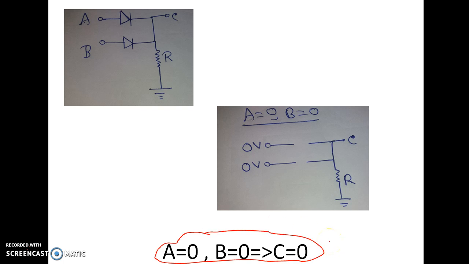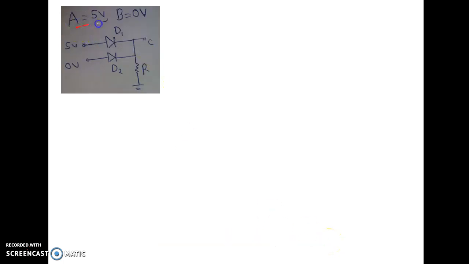Now let us consider the second case. Suppose A equal to 5 volt, B equal to 0. We say A equal to 1, B equal to 0. In analog electronics applications, digital 1 is indicated by 5 volt and 0 is 0 volt. Remember this: digital 1 is represented by 5 volt. So when A is 5 volt and B is 0 volt, what will happen?